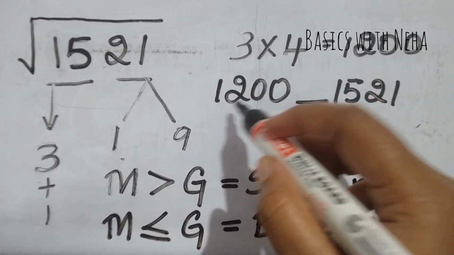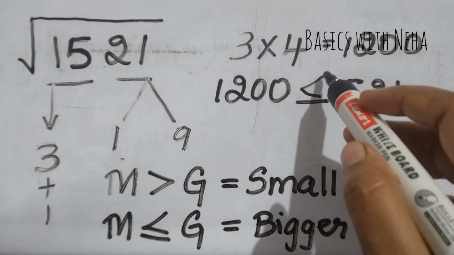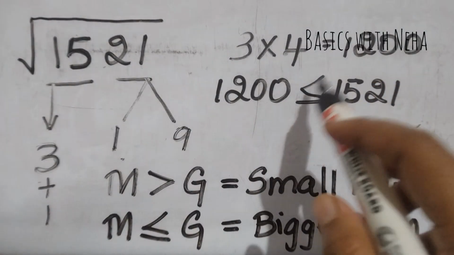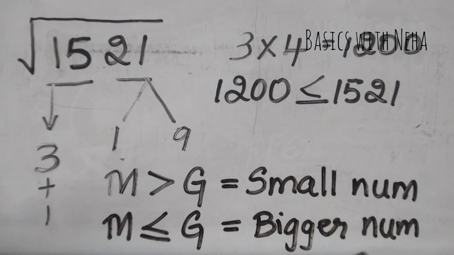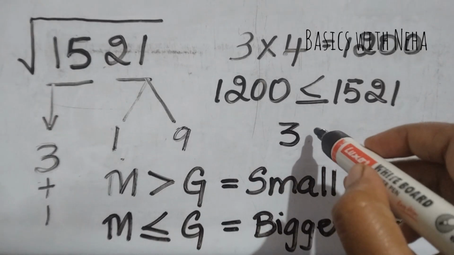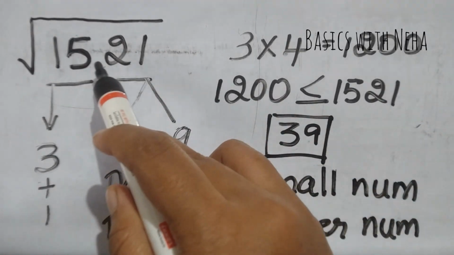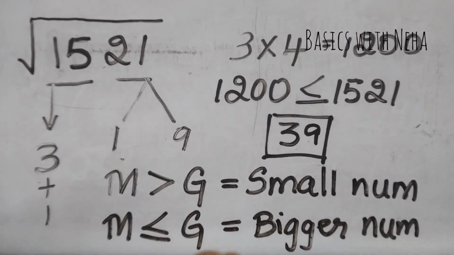It is clear that 1200 is smaller than 1521. When it is smaller or equal, you will have to take the bigger number. So my first number is 3 and the bigger number among 1 and 9 is 9. So 39 when squared, we are going to get 1521.